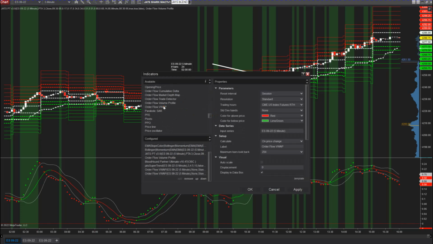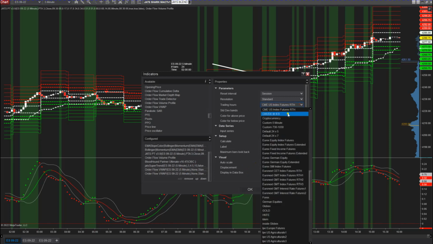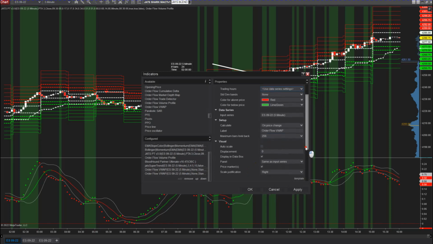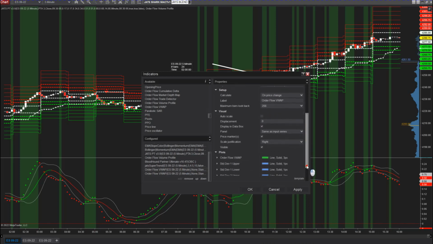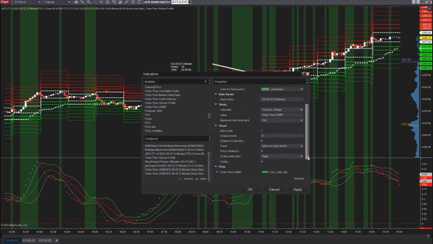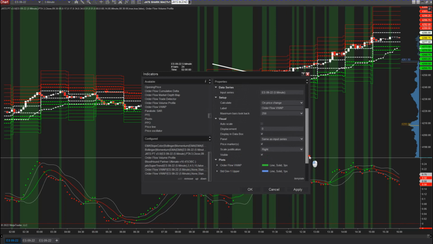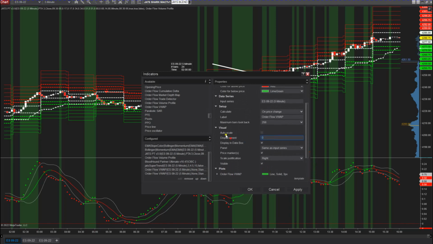One set on the standard RTH setting, and the other one I will change to a default 24/7, and change the displacement to 1.